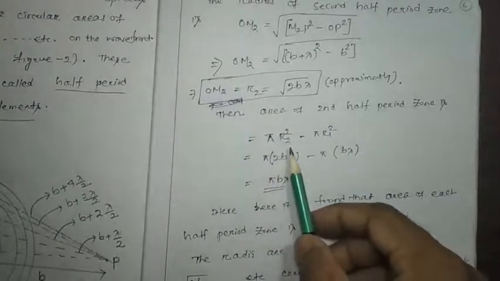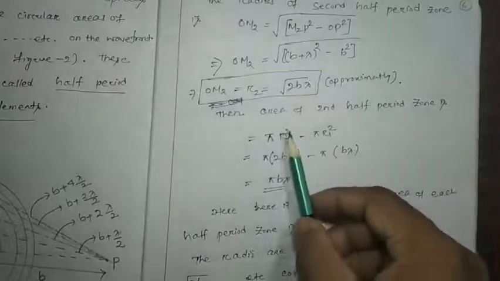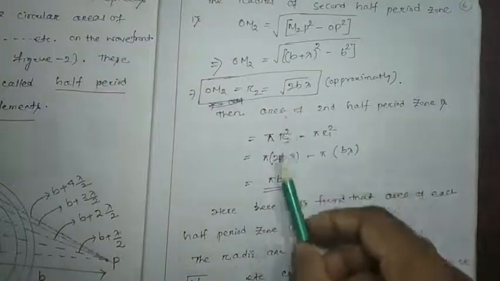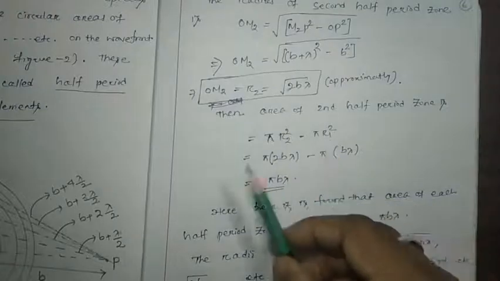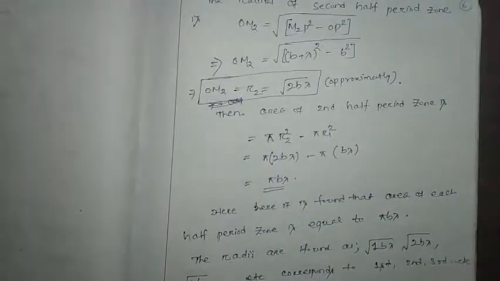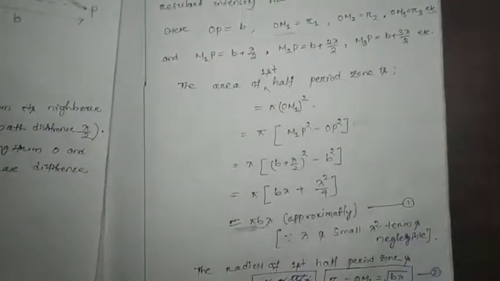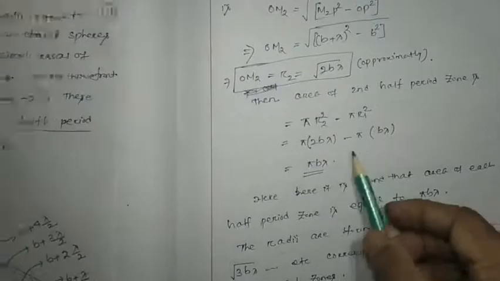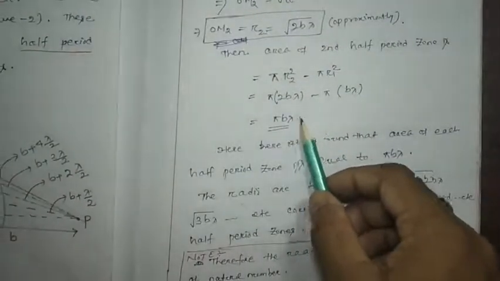Pi r2 squared will be pi 2b lambda, because r2 is (2b lambda) to the power 1 by 2, minus pi r1 squared. We found r1 is root over of b lambda, so we get pi b lambda, which will be equal to pi b lambda.